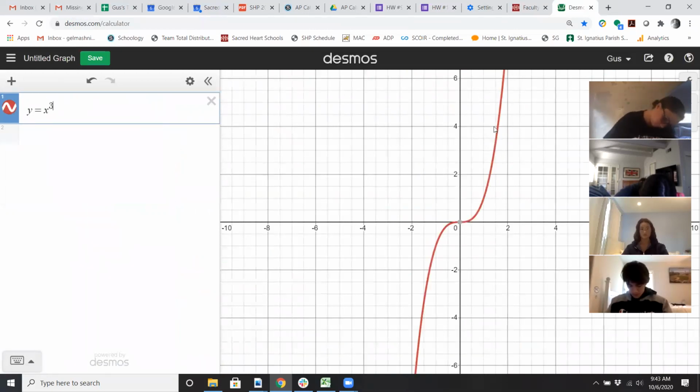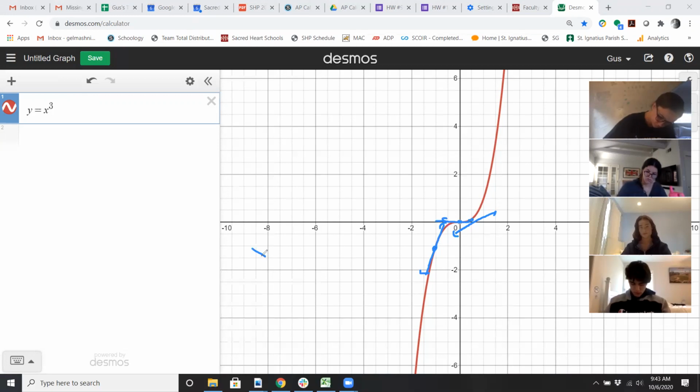So this graph is always rising. And what if I drew a bunch of tangent lines? Like, what if I drew a tangent line like here? Okay, that's a crappy line. I can do better than that. Like here. Or what if I drew one like right here? Or if I drew one like right here?